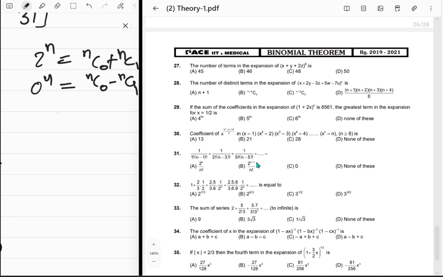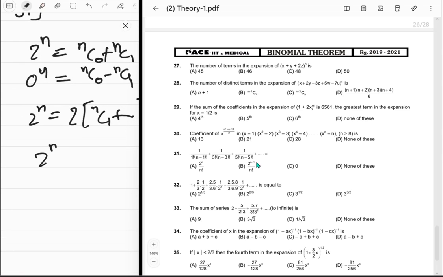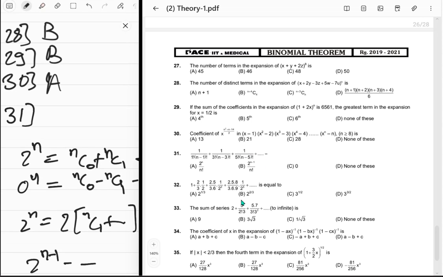So 2 power n is equal to 2 times NC1 plus all of the odd r values. That means 2 power n minus 1 is whatever this series is. So 2 power n minus 1 upon n factorial will be this series. Easy as that. There you go. So it's showing B. Yeah, B. Next.